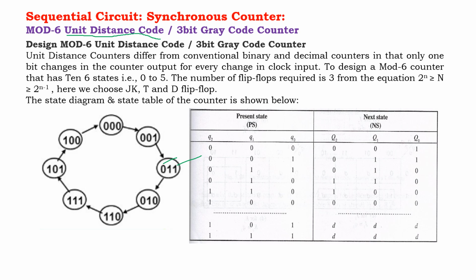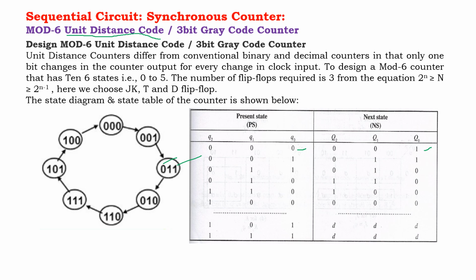But here we will take only the 1 bit position state change. So if the present state is 0, then the next state will be 1, that is 0 0 0, next state will be 0 0 1.